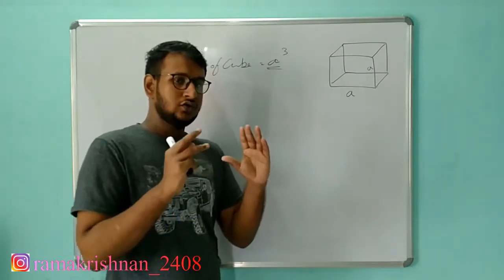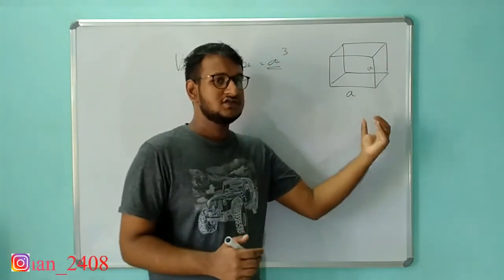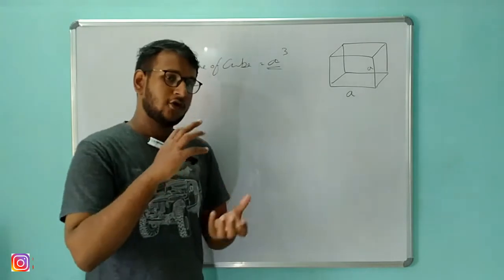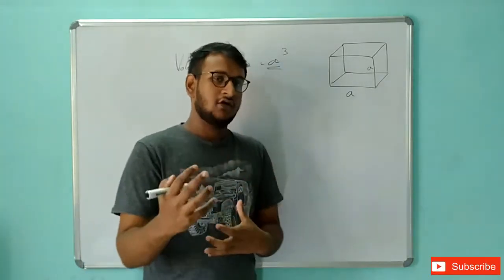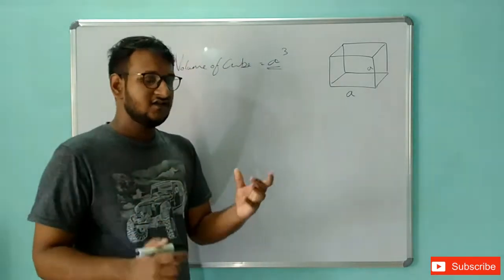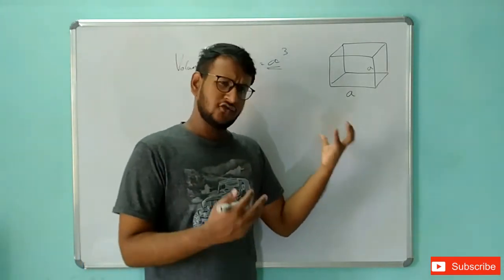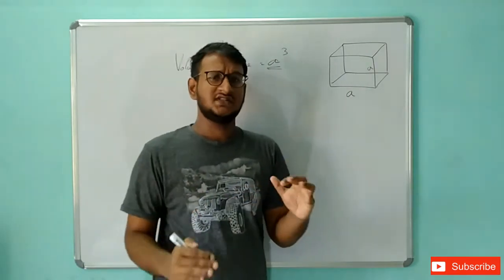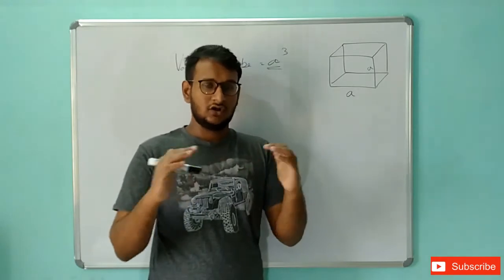So if we want to know the capacity of this cube, we have to find the volume of this cube, so that we can know approximately what can be fit inside this and what we can't. So this is why we want to know the volume of cube, not the volume of a different shape. That is the reason why we are studying the volume formulas and concepts, everything.